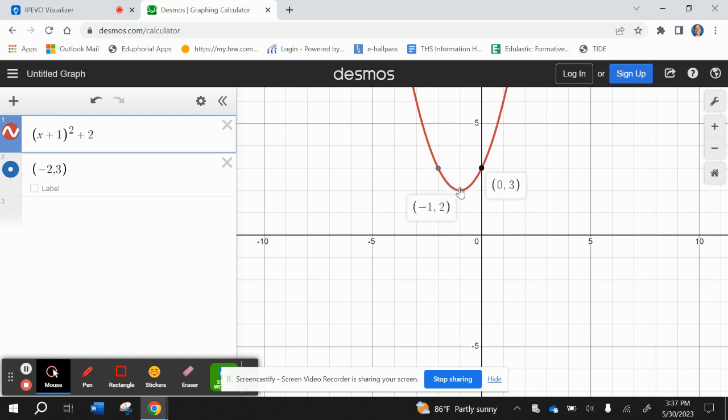Okay, so let's go ahead and graph those 3 points. Okay, so we have negative 2, 3, negative 1, 2, and 0, 3. Okay, so let's go ahead and do that.